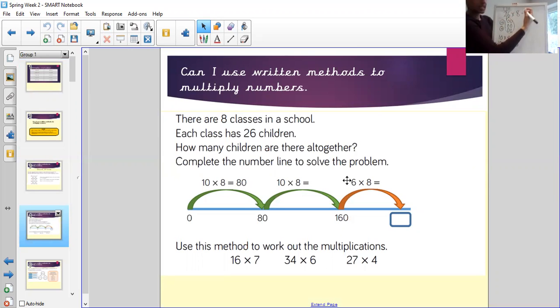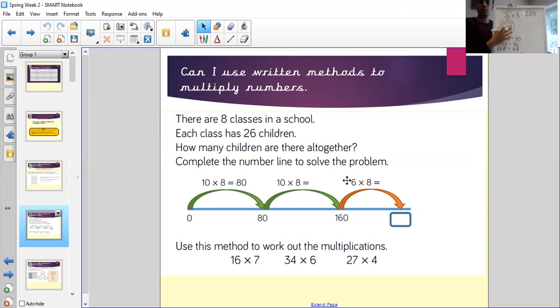So 6 times 8 equals 48. Sorry, I keep writing in the wrong place. 6 times 8 equals 48. And then what you're going to do is you're going to add your totals together. 0 plus 0 plus 8 is 8. 8 plus 8 is 16. Add 4 is 20. So the answer is 208. 26 times 8 is 208.